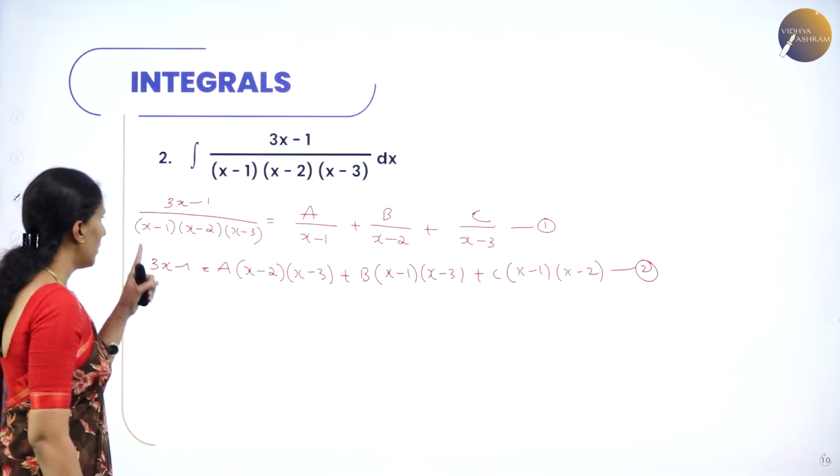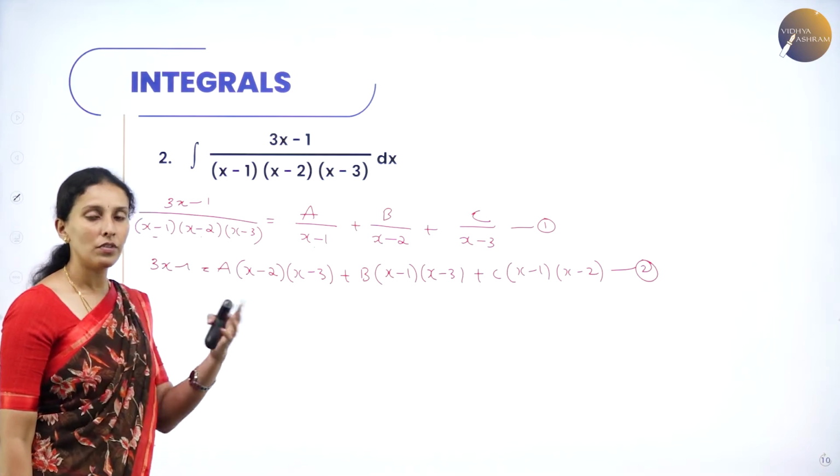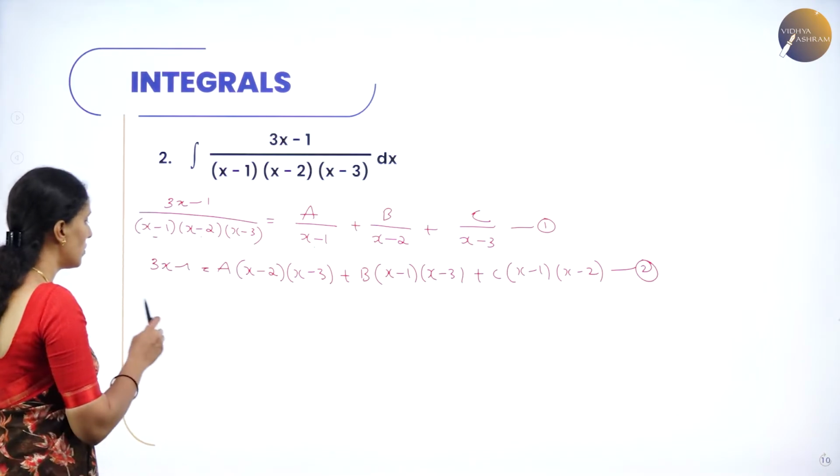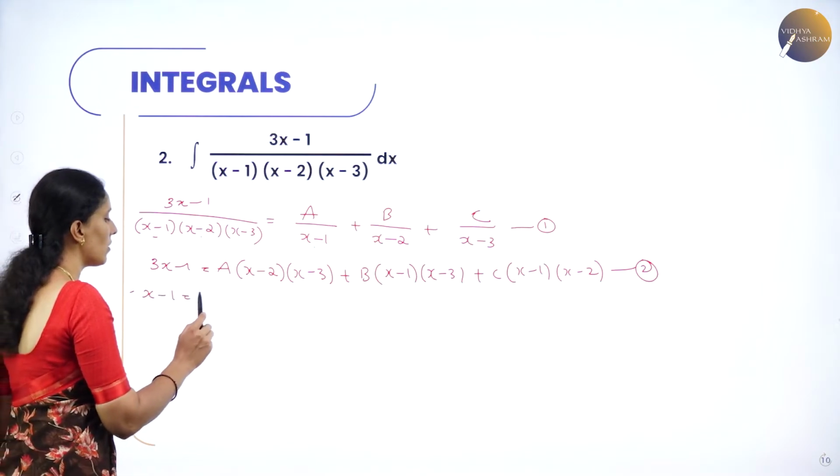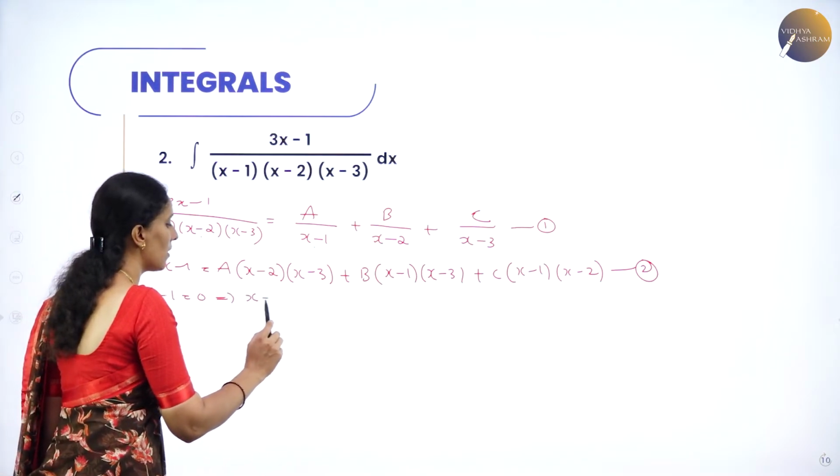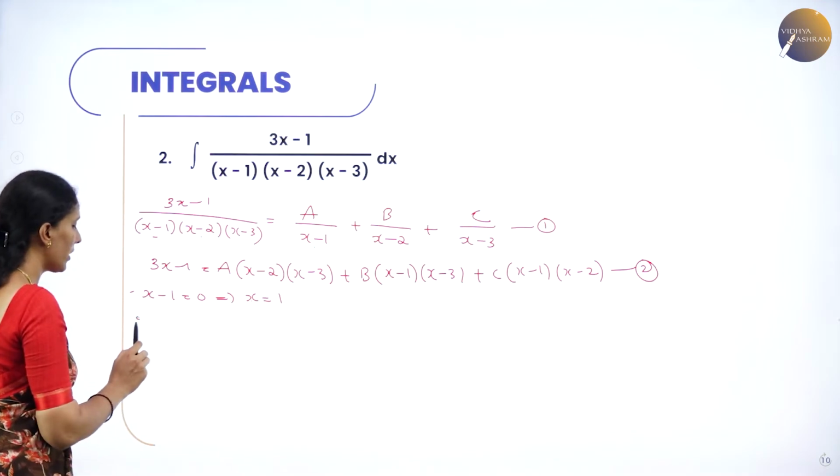Now you have 3 factors. So take each factor and put it as 0. So x minus 1 is equal to 0 implies x is equal to 1. So put x is equal to 1 in equation 2.